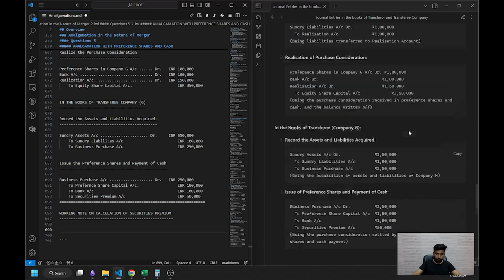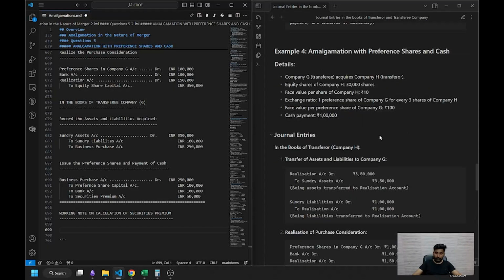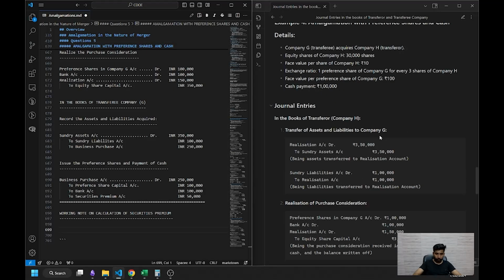We know that the equity shares of company H equal 30,000.